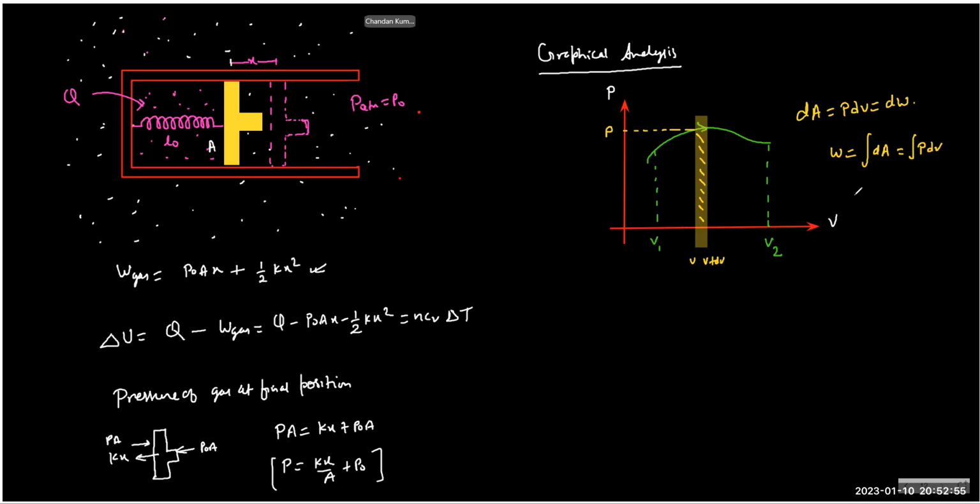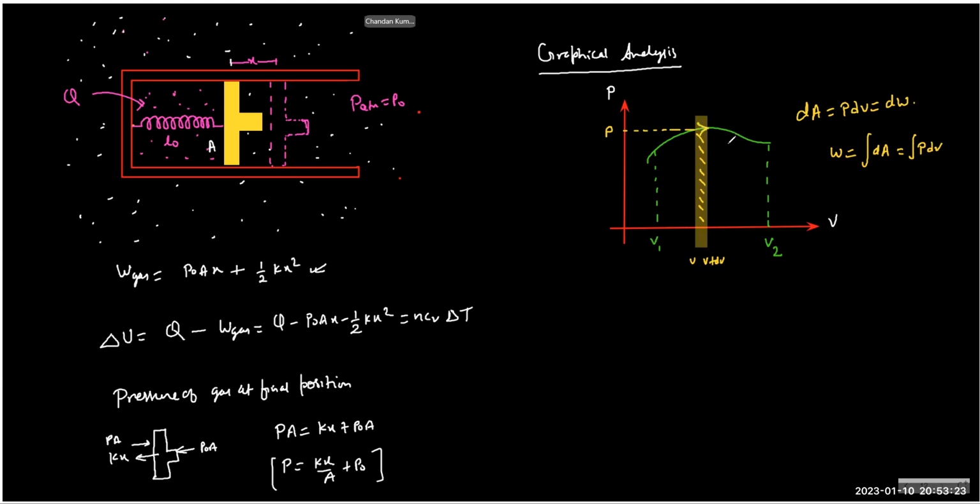Is it possible for gas to compress itself? No. So every gas is supposed to expand only. So when a gas is working, it is understood that it is expanding. So an expansion work is said to be positive, and any compression process is said to have negative work. So here the arrow will matter.